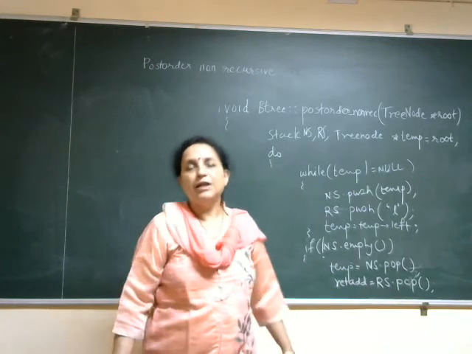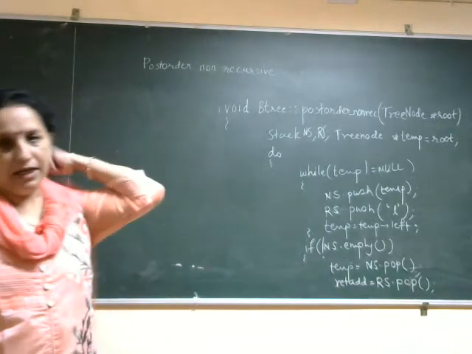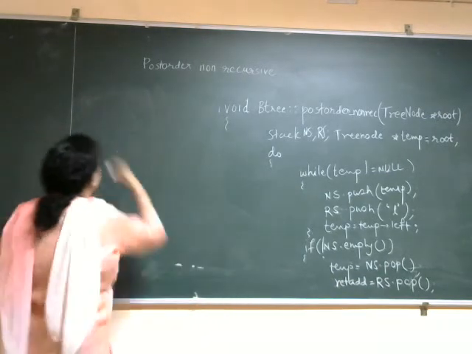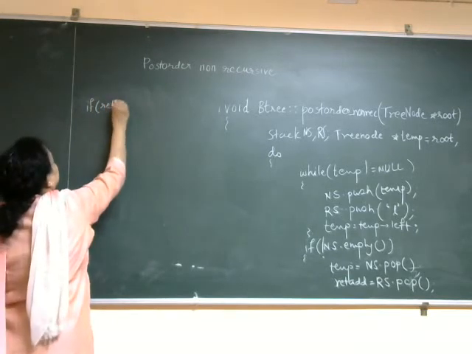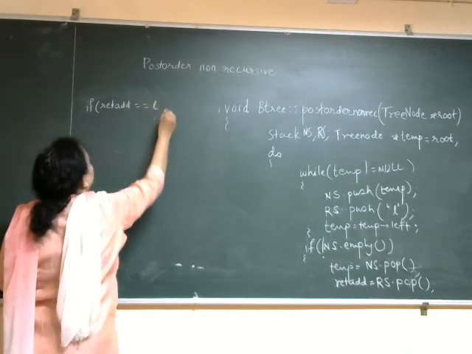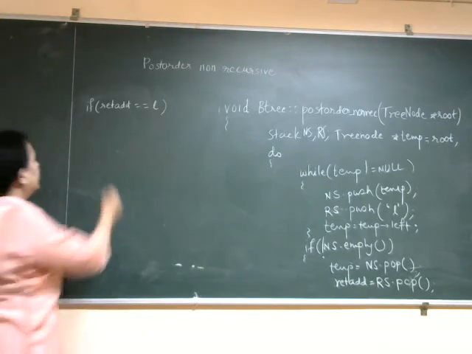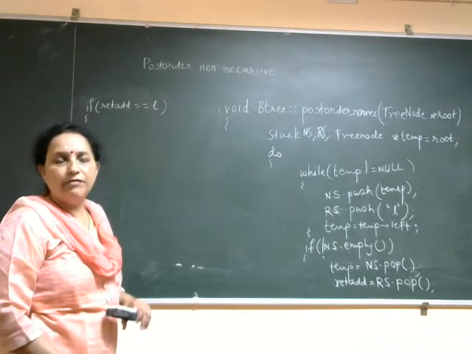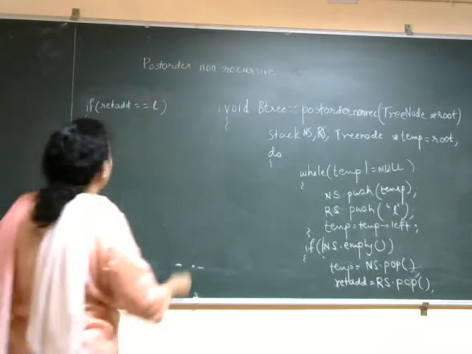Now what is the logic? Return address may be L, return address may be R. If it is L, so I should write down over here, if return address equals to L, I should do something. Okay? And if return address is R, I should do something. So if return address is L, what I should do? I should go to one right.